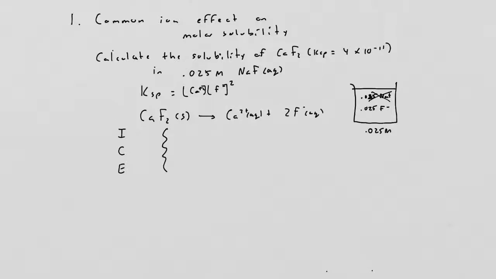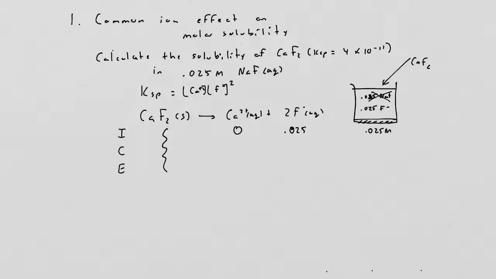And the difference with this one is, while I'm going to start with 0 for my calcium ions, I'm going to start with 0.025 for my fluorides, because what I'm really doing is trying to add some calcium fluoride to this beaker or this test tube, and we're going to talk about how much of that calcium fluoride is going to dissolve and how much of it is going to end up as a solid in the bottom of the beaker. Because if we get the saturation right, that's what we're really doing here.